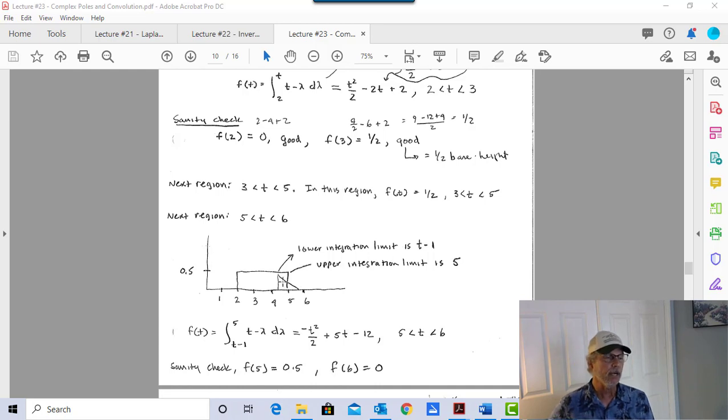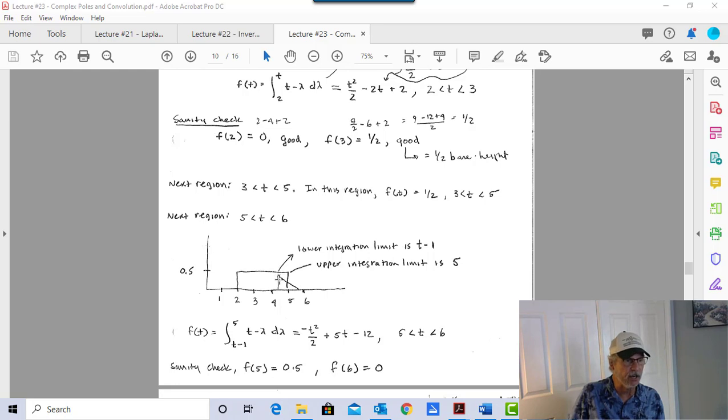Well, what I'm going to do is use limits of integration again. Where's this point on the lambda axis? It is at t minus 1 because it's 1 below t, because that's the horizontal width of our triangle.